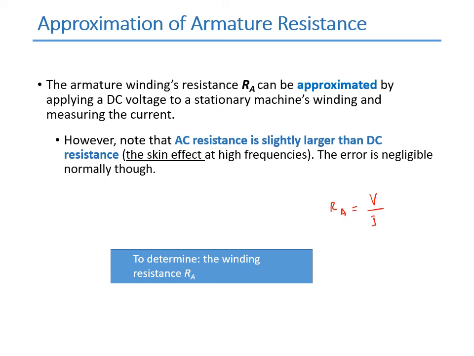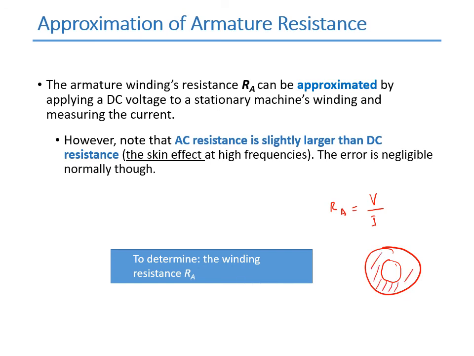If you imagine this is the cross section of the winding, or the wire in the windings, when we have AC, it tends to flow near to the skin or near to the surface. So for example like this.